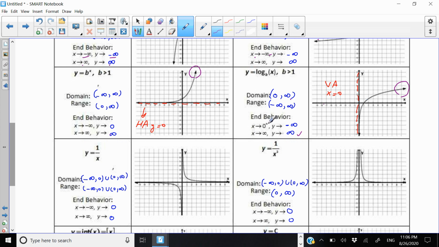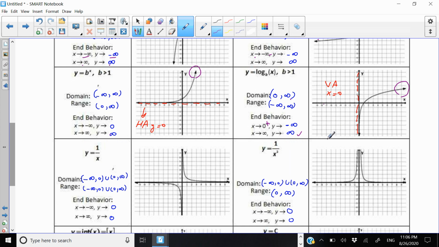And then what is this positive sign that you see? This positive sign means x gets close to 0 from the right side. Okay, so I'm going to write that here.